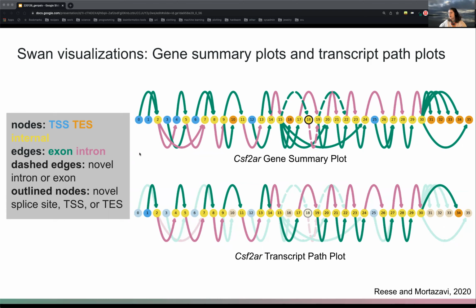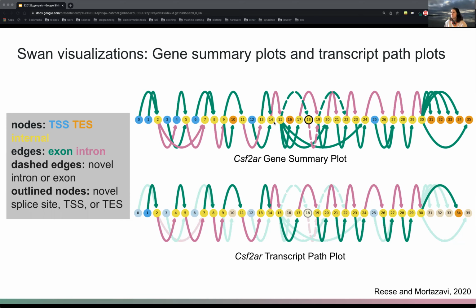And here, what I can point out to you is that you can see that there's a lot of different alternative 5' ends. So each one of the blue nodes here represents a start of a transcript that was seen in the data or in the annotation. And all of these orange nodes here represent an observed or annotated 3' end seen from the data. And here I've also chosen one of the Swan plotting options to highlight what is novel compared to the annotation.